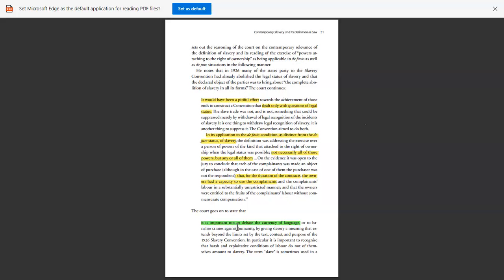So it's important not to debase the currency of language. This is something the court actually states, which I find to be oxymoronic, ironic. It's probably one of the best quotes I've seen in a long time, considering we just got done with pages about terms of art versus the term of law. It is important not to debase the currency of language.